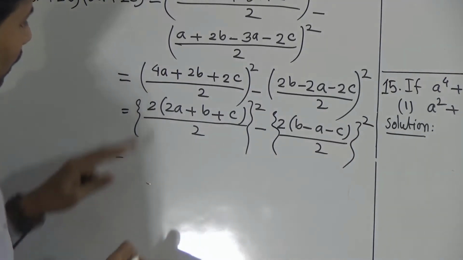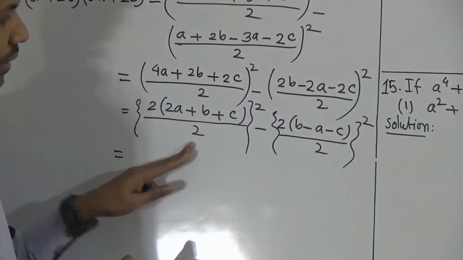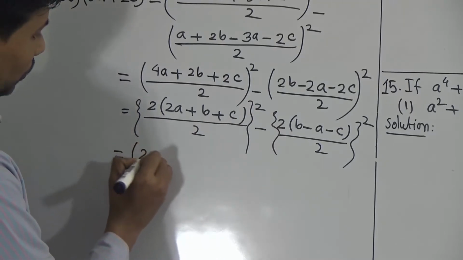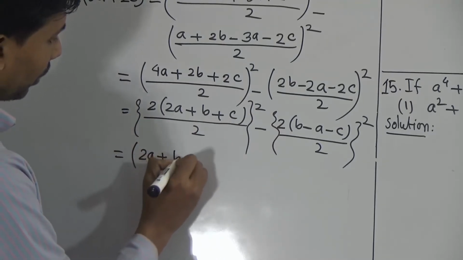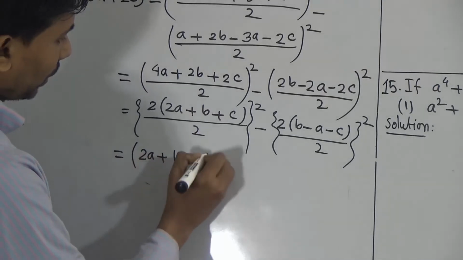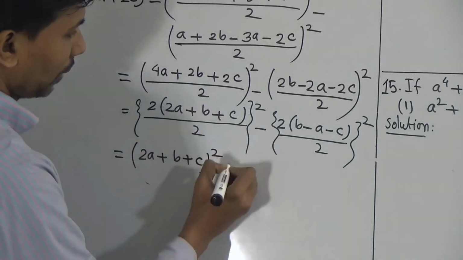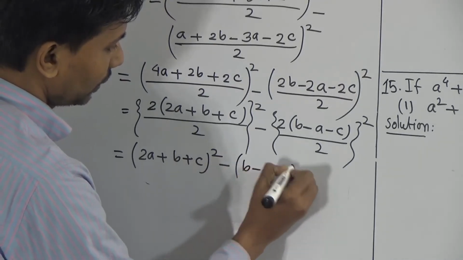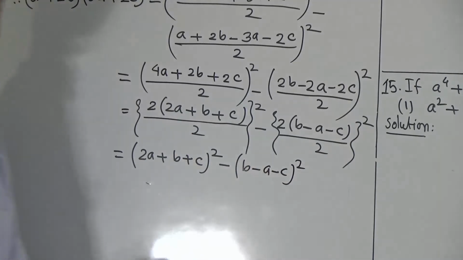Now 2 and 2 vanish, then we get 2a plus b plus c whole square minus b minus a minus c whole square.